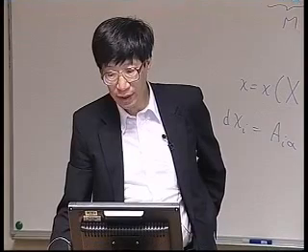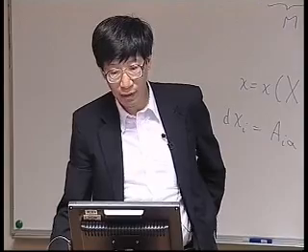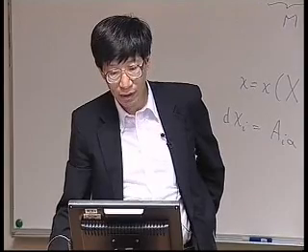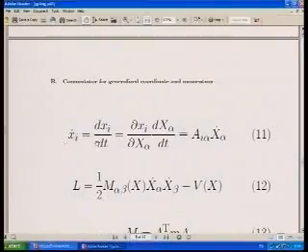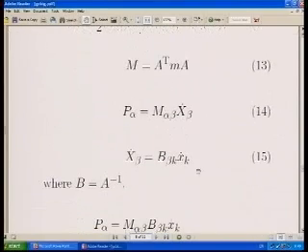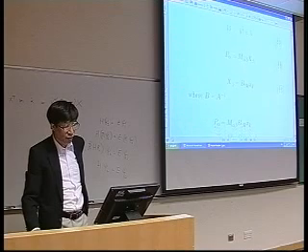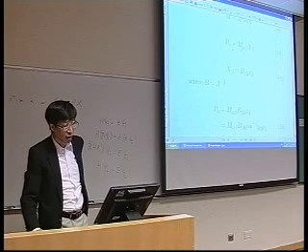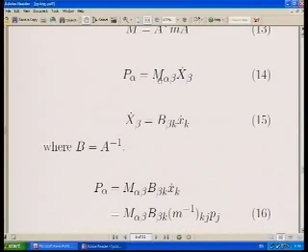Now, I want to write the inverse relationship. Little x dot is A times capital X dot. I just want to invert this relationship. I write capital X dot is B times little x dot. So the B matrix is the inverse of the A matrix. Why do I want to do this? Because from this expression, capital P is M capital X dot.